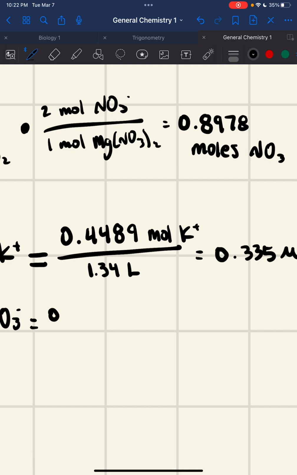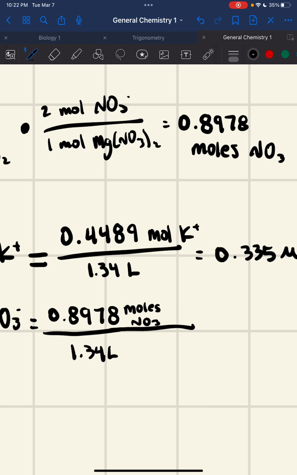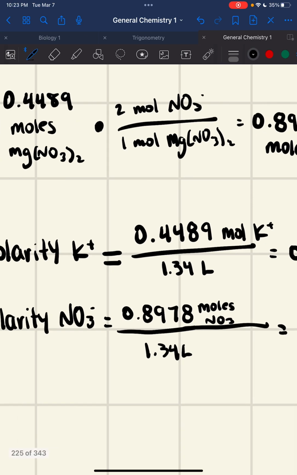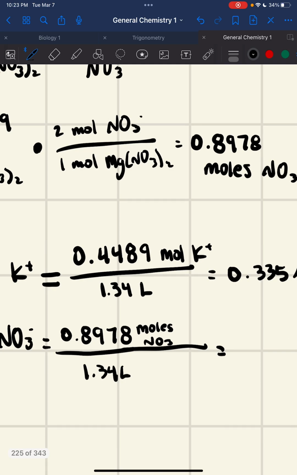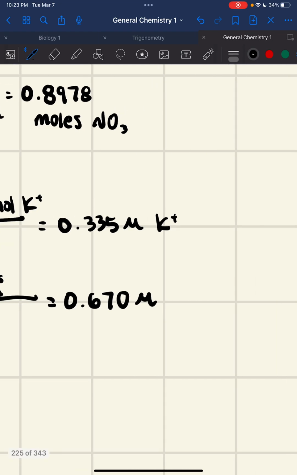So that's going to be 0.8978 moles of NO3, and then that's going to be my 1.34 liters as a whole, which is still going to give me, let's do that math, 0.8978 divided by 1.34, which is going to be 0.670. And then that's the molarity of nitrate.